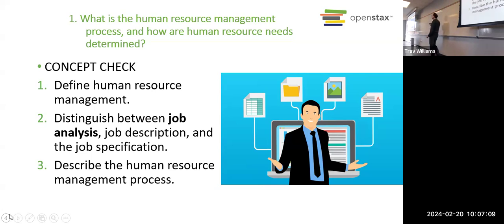Now, a big part of the role of human resources is legal compliance, okay? We often think of human resources as the place where employees can go if they have a problem, and that is true. If you have a complaint about your boss, if you feel like you're not being paid fairly, whatever, HR will be a good place for you to go and get some support.